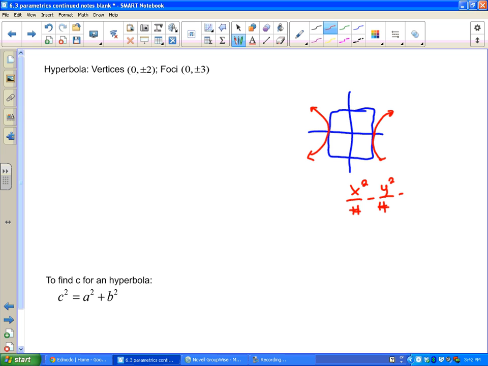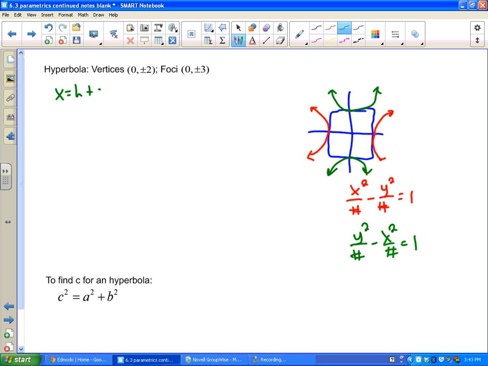The x goes first and there's a minus sign in between. If we have the parabola part of the graph, like the u and the n, if those are opening up and down, then we would have y squared over our number minus x squared over our number.